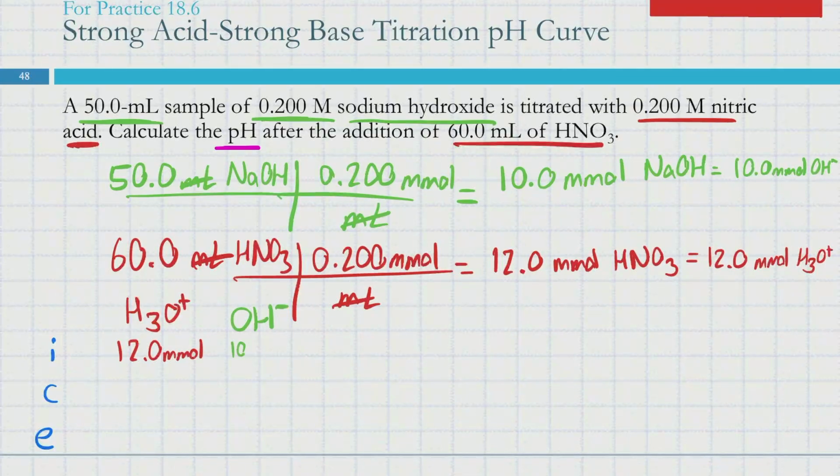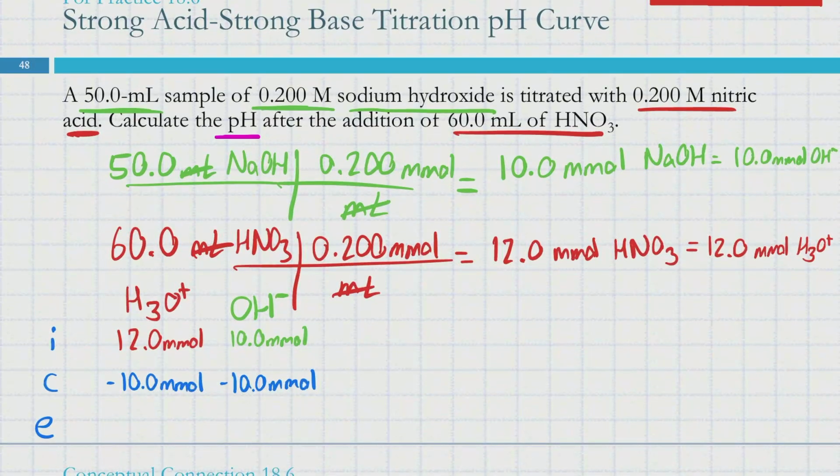For our hydroxide, we've got 10 millimoles. Those react in a 1-to-1 ratio. So we're going to use up 10 millimoles of both. So we're depleting our hydroxide. So we've got 0 hydroxide left, and we'll have 2 millimoles left of our H3O plus.